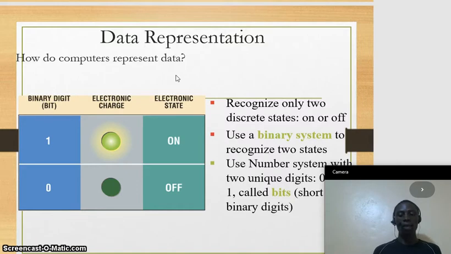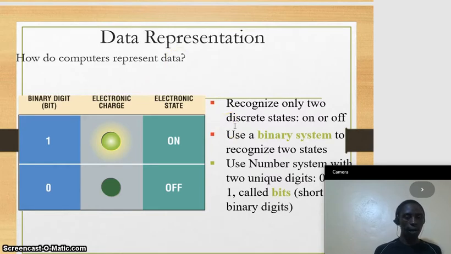So here we are saying computers represent data by binary digits or bits. Electronic charge. It can also represent data by electronic state: on, off, 1, 0, light, not lighting. Okay, electronic charge.